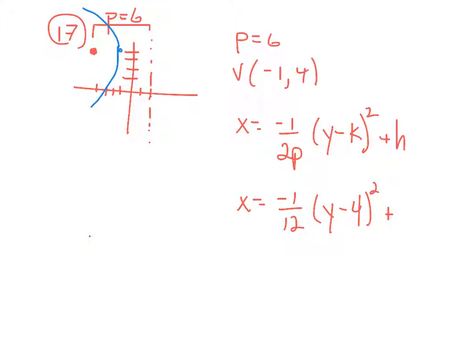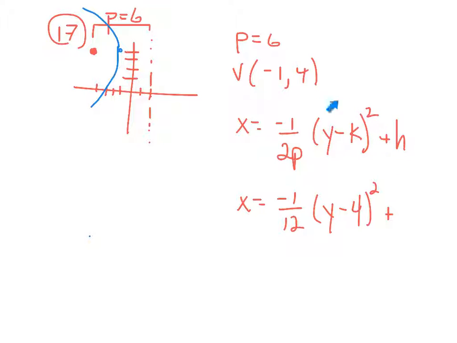Good so far? Okay, and then lastly, when I look here, plus h, since this is a y here, then the value that goes here is also a y value. If this were an x, then the value that goes here is an x. But this is a y, so that's a y, which then means here's my x value right out here.